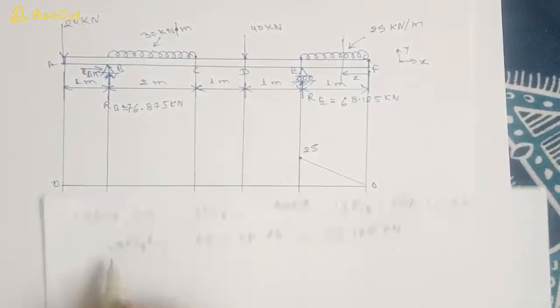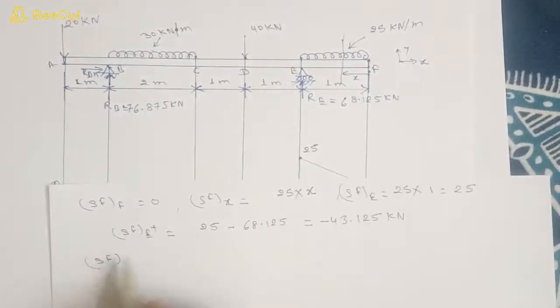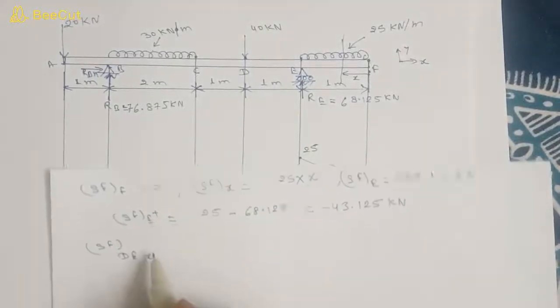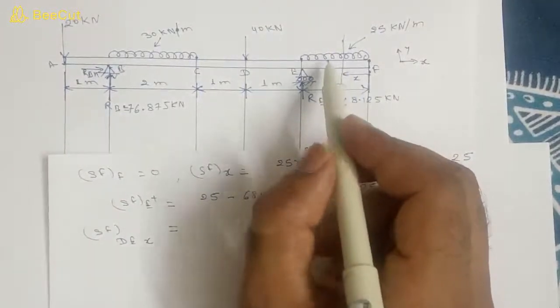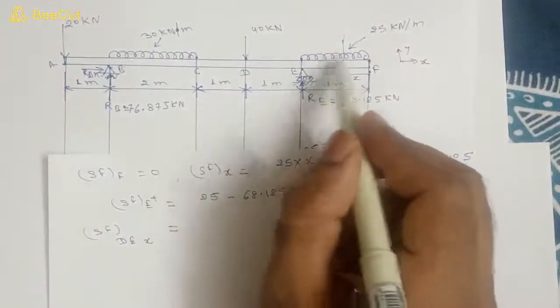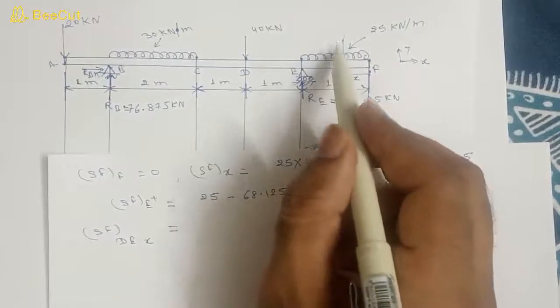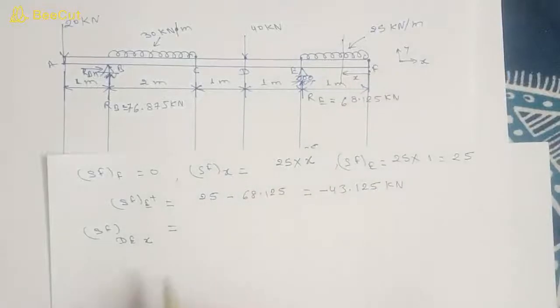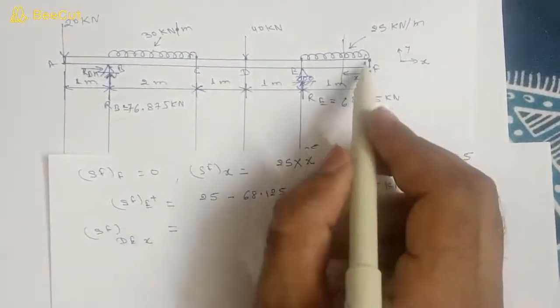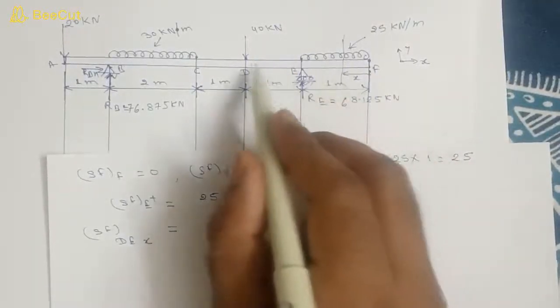Now shear force in this section DE. We can assume this uniformly distributed load as a point load, or even if you consider it as a uniformly distributed load, then shear force will be this total load.